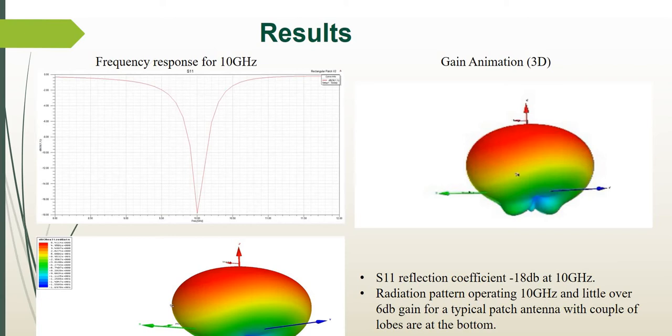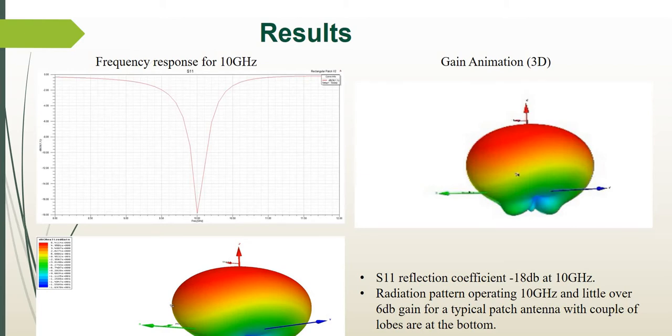And the 3D radiation pattern shown on the bottom shows a very nice gain, a little over 6 dB for this patch antenna, and a couple of lobes are shown on the bottom.